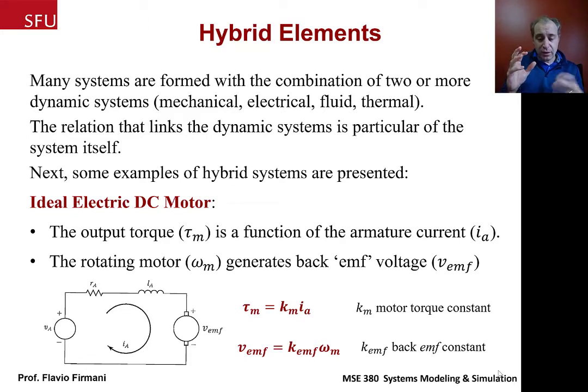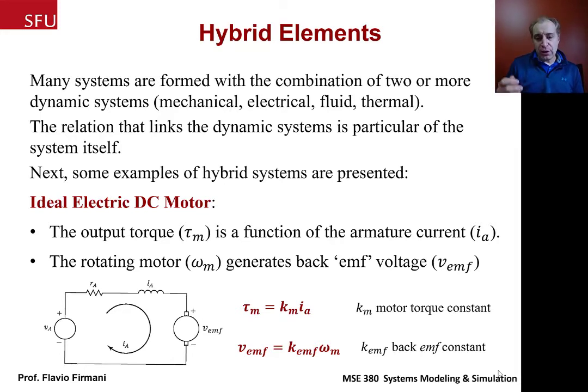So the concept in this section of chapter 2 is to understand the links that we're going to use to connect the different domains. I define those as hybrid systems, in the sense that multiple domains are going to be interconnected.